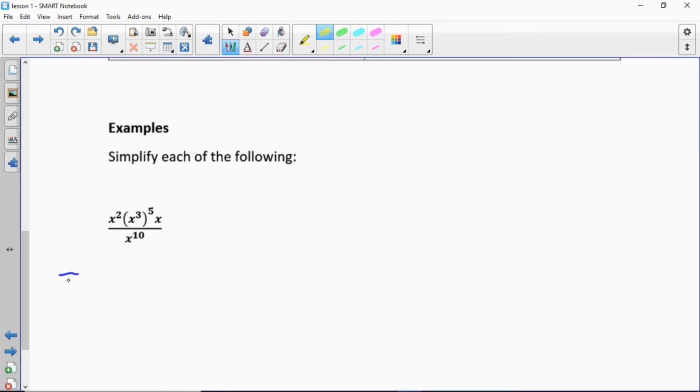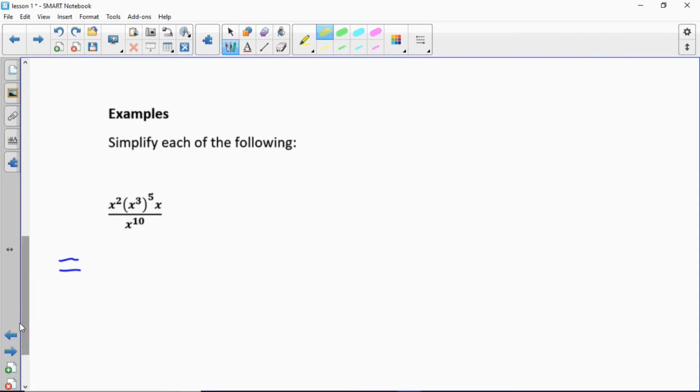All powers of x. As soon as I have an expression that is all powers of x, I know that I should be able to write this as one single power with a base of x. Now to start with, we need to take a look at what's in the middle here, the power of a power. We multiply exponents. We change that to an x to the power of 15.